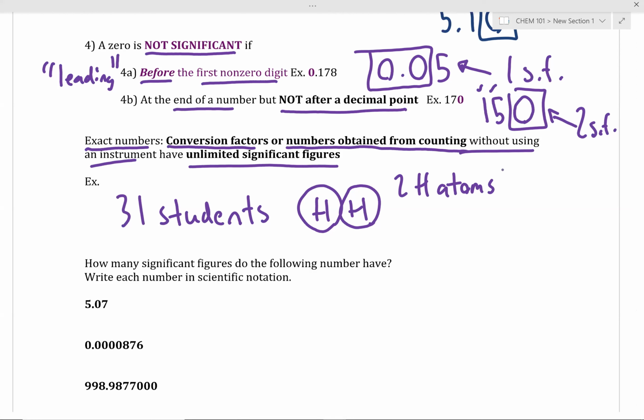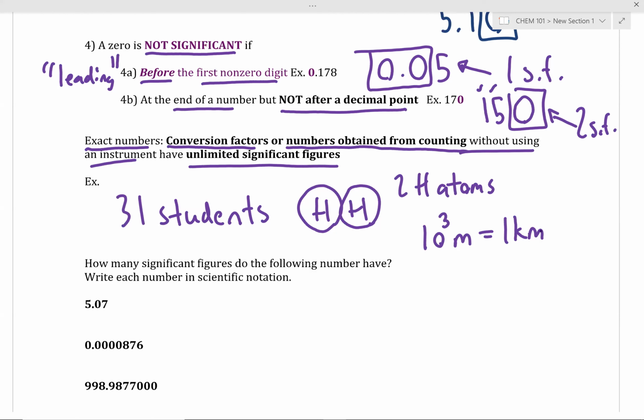This is important when we start to use these exact numbers in calculations. The other example is a conversion factor. For example, we know there are 10 to the third meter is equal to 1 kilometer. So if we generate a conversion factor, conversion factors are also exact numbers. They will never limit the amount of significant figures you can report.